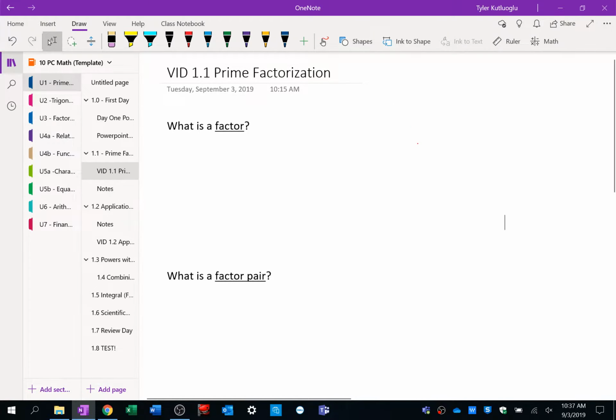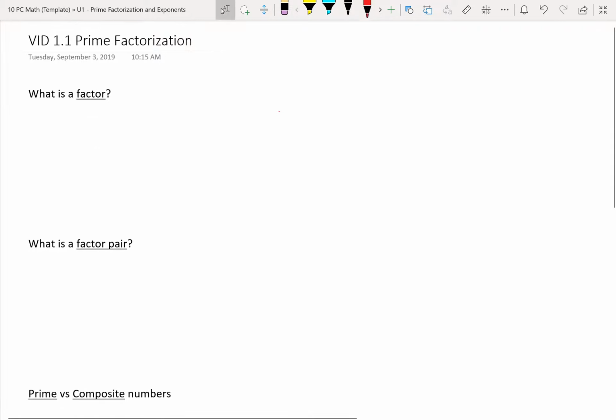So really basic, what's a factor? For example, if you took the number 8, a factor is a number that your original number can be divided by. We're going to be dealing with whole numbers, so positive integers, numbers that don't have decimals.